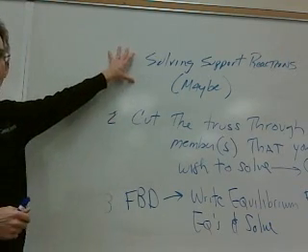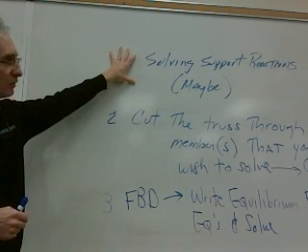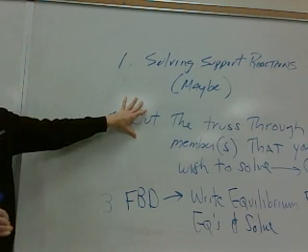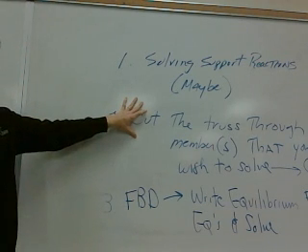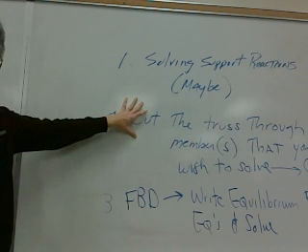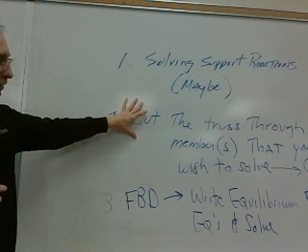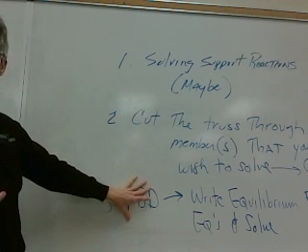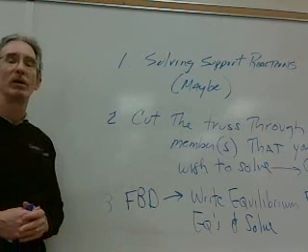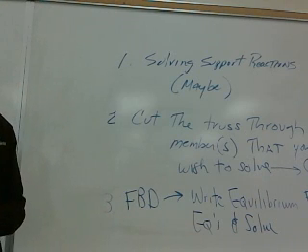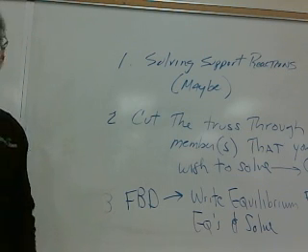Here, most of the times with method of sections, we're going to solve for the support reactions. We're going to do this special step where we create a new free body diagram based on a section, cutting the truss through the members that we want to find. Okay? And with our new free body, our new section, we're going to write equilibrium equations and solve. So really, this method only has one different step in it. And that different step is the step of cutting the section and creating the new free body diagram.